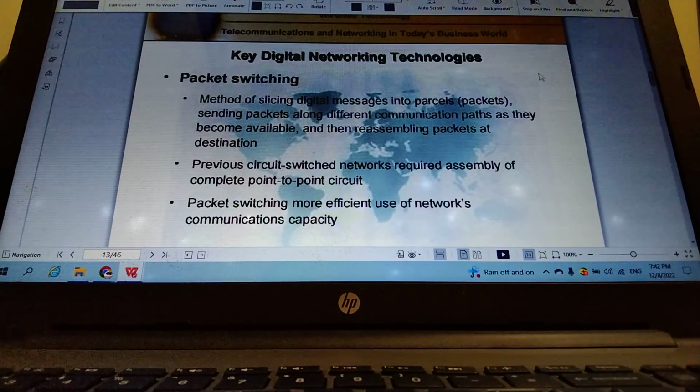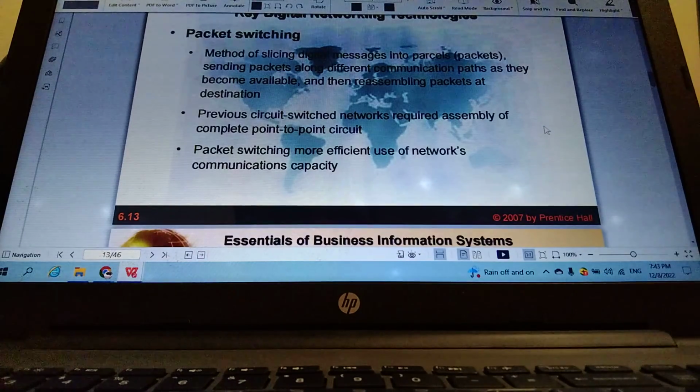It can be sent over many different routes or channels, so that your message can be sent at a very high speed. That's the reason when you send your message or your email through your phone, for example, you immediately see it appearing everywhere or being received by your receiver immediately. And as another alternative compared to packet switching, there is what we call the circuit switch network.